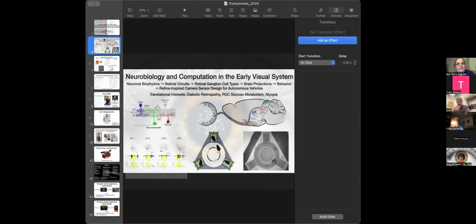And regarding this, of course, there are many questions, but when we teach students about synapses and connections between cells, we also mention the electrical synapses, the gap junctions, and it is known that at the level of the retina and in the retina circuits, these electrical synapses are present.